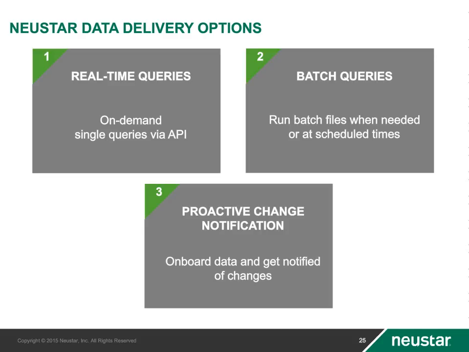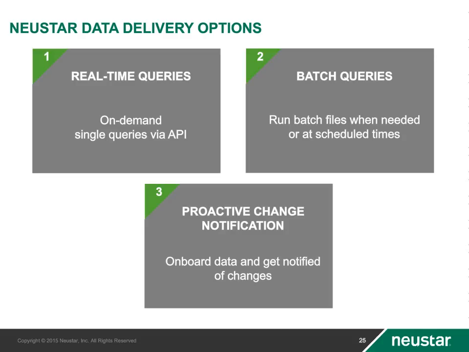And then lastly, and the latest evolution is proactive change notification, where we actually onboard our clients' data stored in a secure location, and we monitor that information for changes against our repository. So as new feeds are coming in, as we're finding triggers like the phone type has changed from a landline to a wireless phone, or the ownership on that phone has changed, we're then able to push the updates to our clients so that they can make the appropriate adjustments in their dialing strategies.